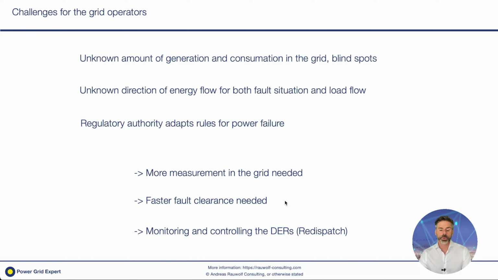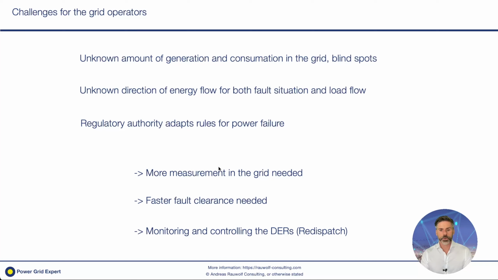DERs are normally operated by somebody other than the distribution grid operator, who somehow has to deal with what's going on there. So there has to be a control mechanism that allows the distribution and the transport grid operator to reduce the amount of electrical power fed by the DERs to control the overall stability of the network.